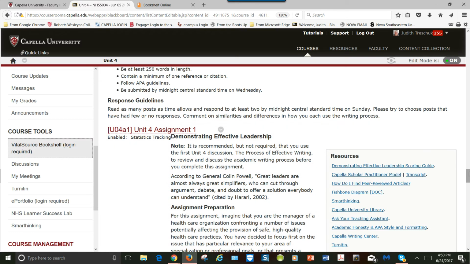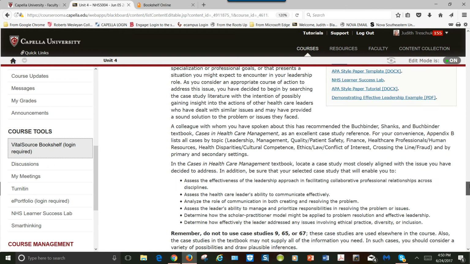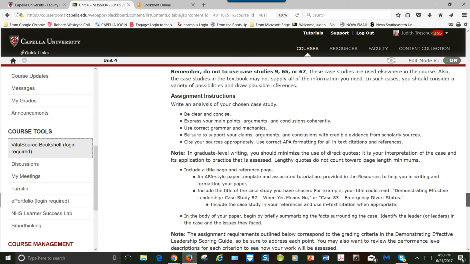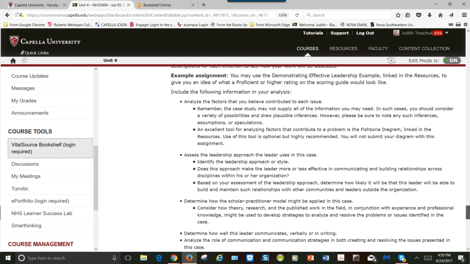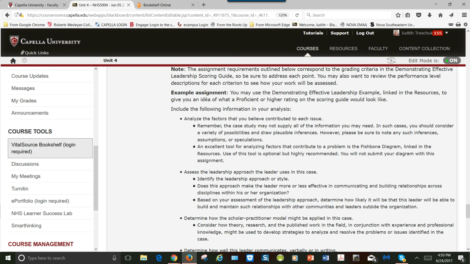If you look at the assignment, we'll go down here and look over here at the assignment. You are going to be looking at a case study and then critiquing it and analyzing it in terms of demonstrating effective leadership. All these areas you are going to have to respond to.